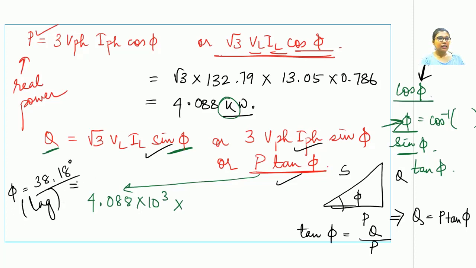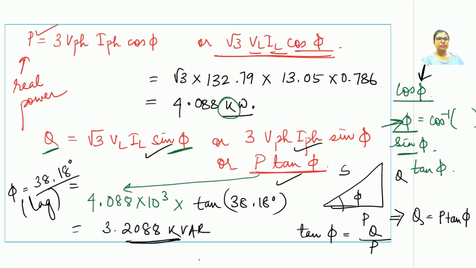So taking tan of this, the final expression comes out to be 3.2088 kilovar. Even if you are using this expression of root 3 VL IL times sin phi, one would obtain the same value. So with this, one has computed the reactive power.